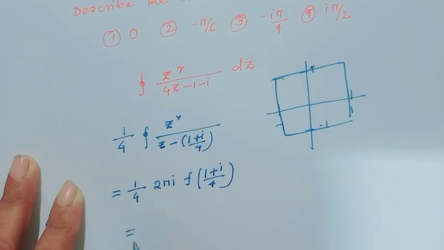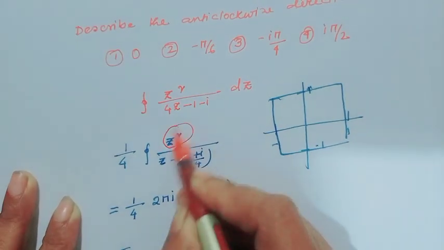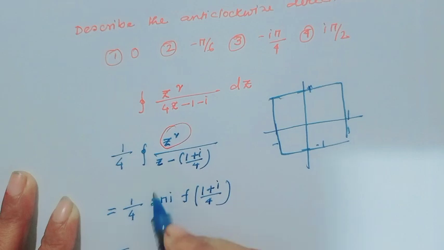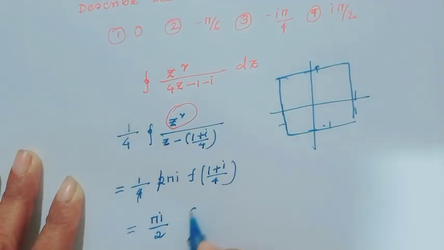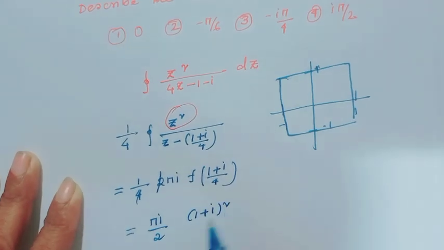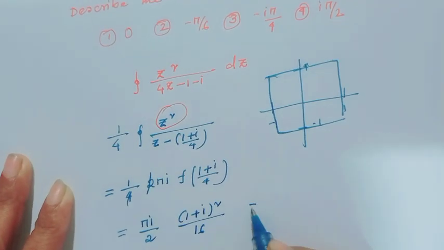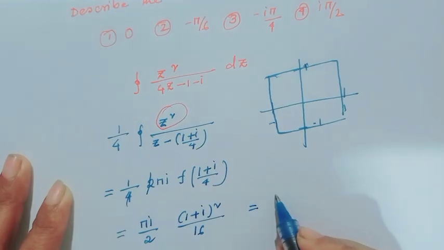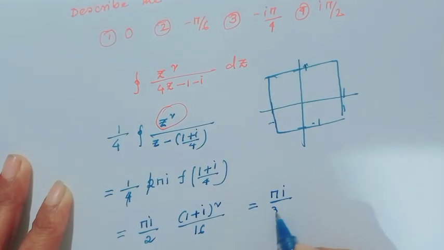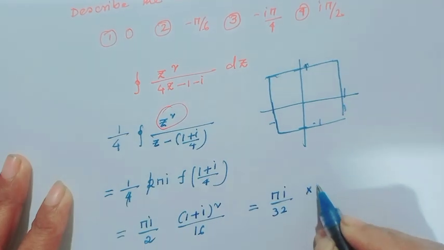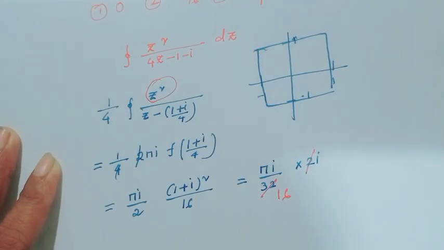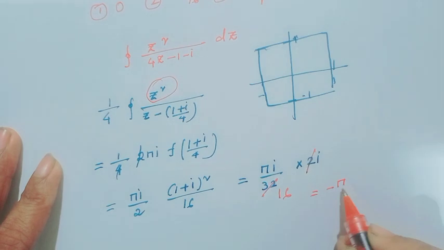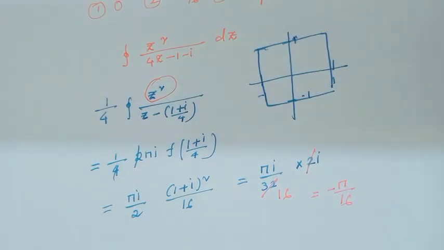And f of z means here z square, 1 over 4 would be cancelled, pi i over 2 times (1 plus i) whole square over 16. And this value would be pi i over 32 times 2i. This value is 16. That means this value is minus pi by 16. I hope all my viewers have understood.